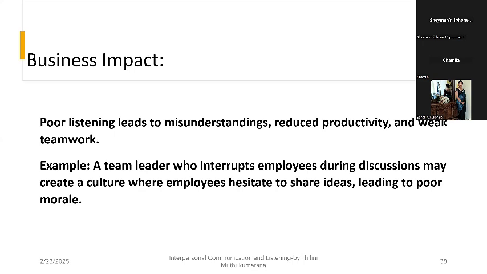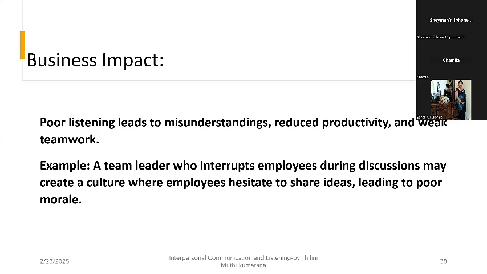Okay, now, when we were discussing that diagram about the key components of interpersonal communication, can you remember those components? There's a sender, and also there's a receiver.